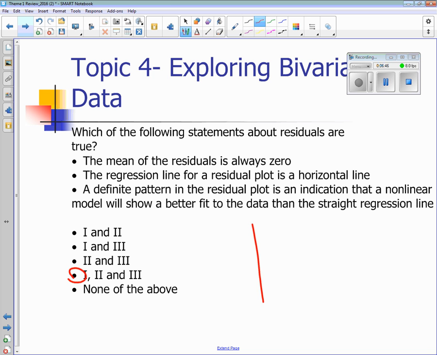If you have a residual plot and it's random, which it should be, some are above the line, some are below the line, isn't the regression for that just going to be a flat line? It's not going to be a slope of any kind. It's going to be a horizontal line. A definite pattern in the residual plot indicates that a non-linear model is right, and that's true. If you have a patterned residual, it means that it's either quadratic or exponential or logarithmic or something other than a line. So all three of those are actually correct.